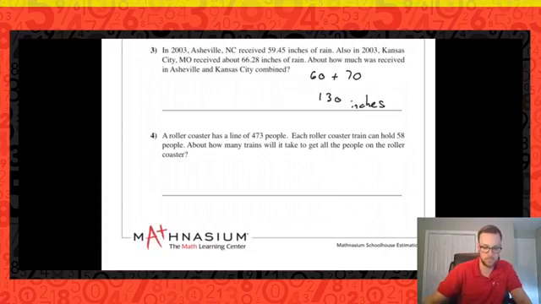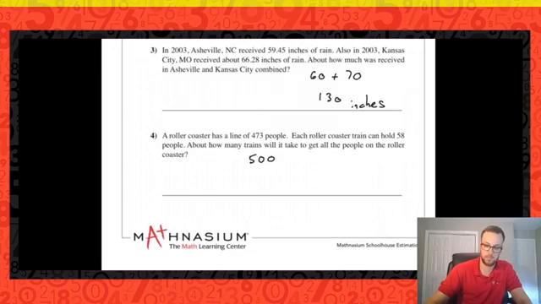All right. Number 4, a roller coaster has 473 people in line. Each train can hold about 58 people. How many trains will it take to get all the people on the roller coaster? Well, 473, if we round that to the nearest 100, gets us to 500.